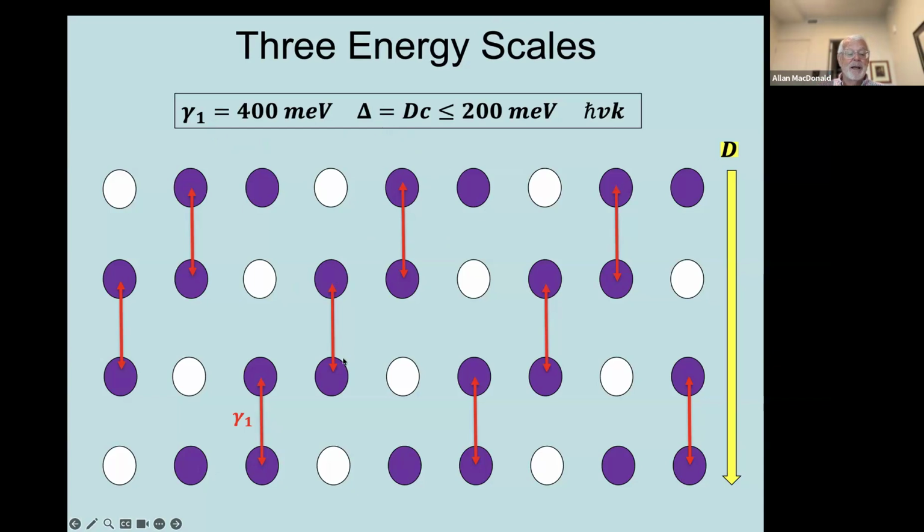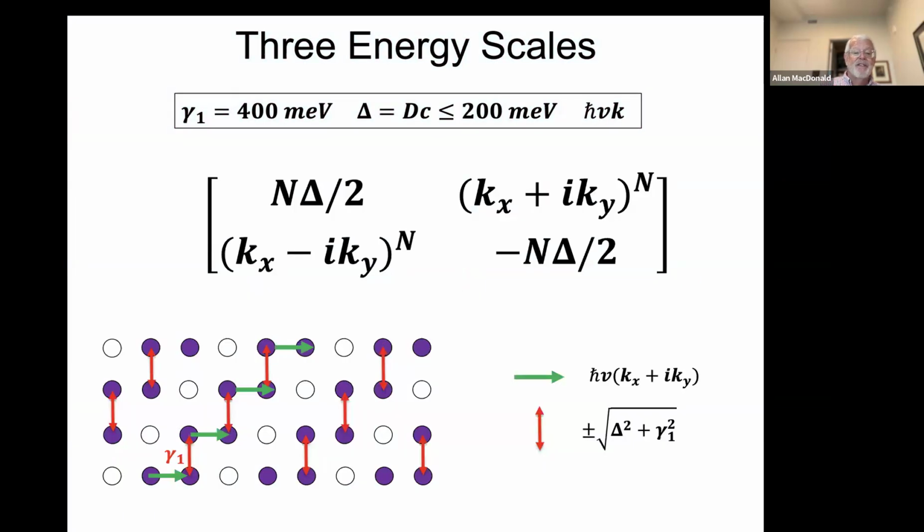And if you apply a displacement field, you can break the degeneracy between these isolated sites on the outside. And of course, by varying the density, you can change the hybridization within the layers at the Fermi energy, and that provides a third energy scale. And everything is based on the interplay of these energy scales.